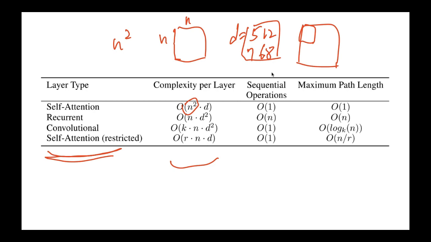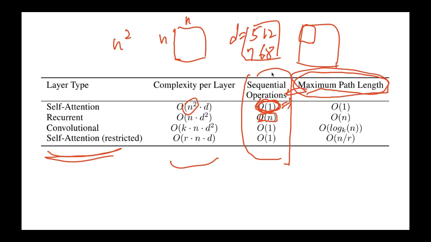Okay, so the sequential operations is what I mean. In the recurrent neural network, if you have n tokens, you need to do n sequential operations. But in self-attention, you just need to do it 1 time. You don't need to wait for anyone. You just do it 1 time and calculate them all in parallel. Then the maximum path length is basically the long-term dependency path.